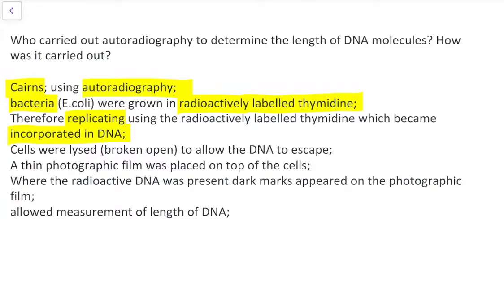They then broke open the cells, they lysed them, and put the lysed cell contents on photographic films, and the radioactive DNA would create dark marks on the film. That allowed them to measure the length of the DNA, and this allowed them to work out the length of a chromosome in a bacteria.